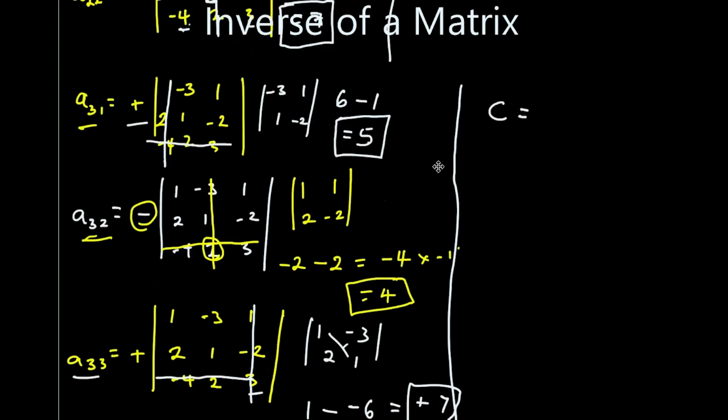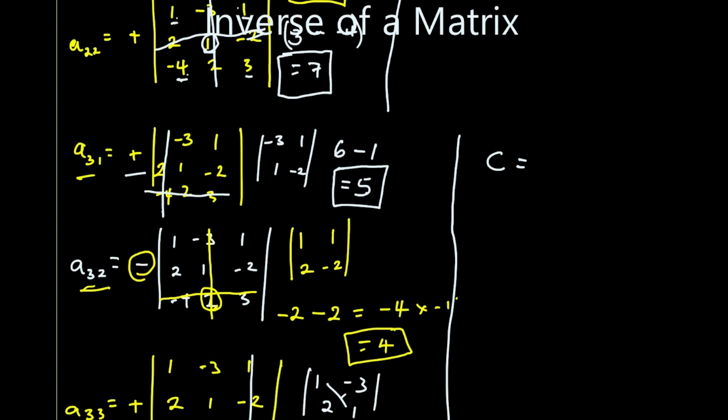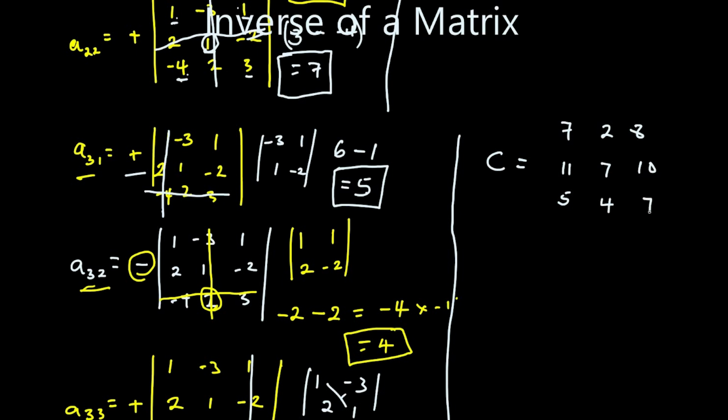So we are going to write it here in form of a matrix, so that we have now the elements as 7, 2, 8. Then we have 11, 7, 10, 5, 4, and 7. This is our new matrix C.